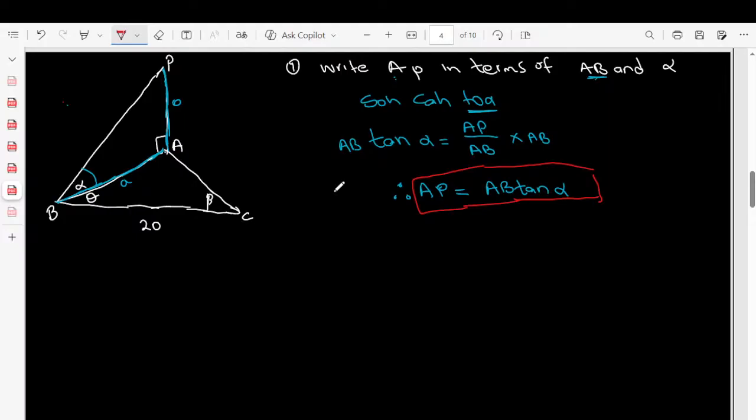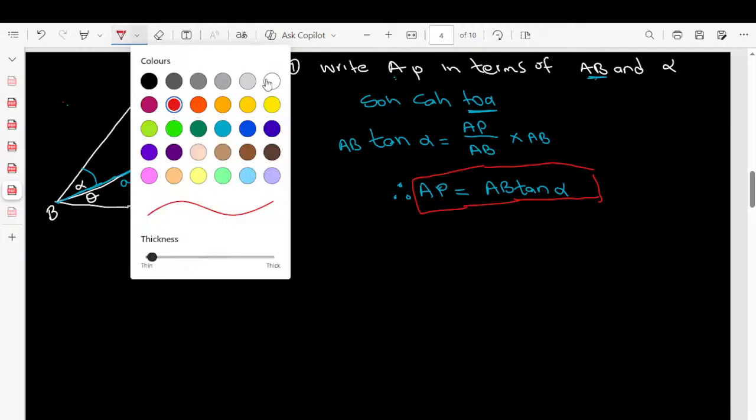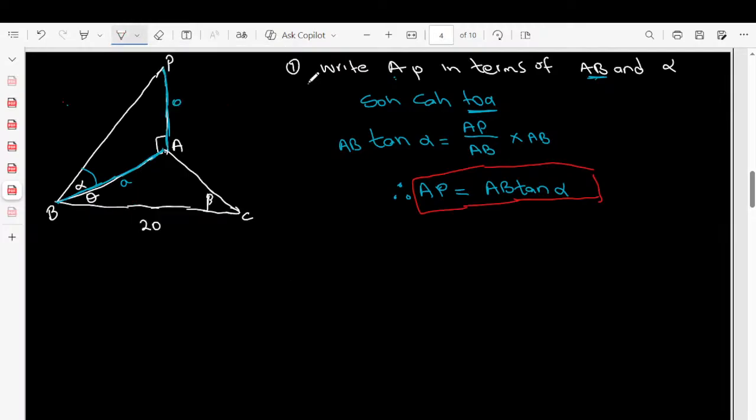Okay, so let's work on the next question. That was the first question, and the first question wanted us to write AP in terms of AB and alpha. So number 2, we need to prove, this is an exam type question from the past paper.